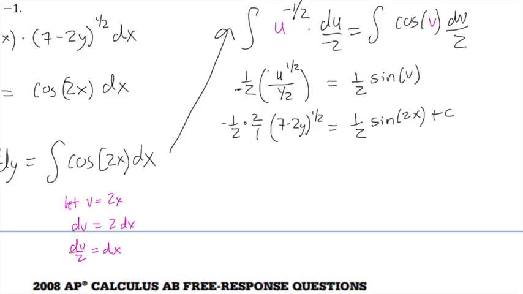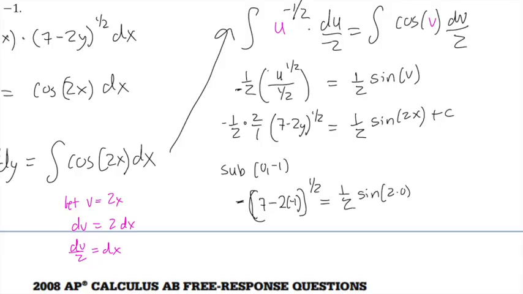Next, we need to solve for c. Now here we're going to cancel, so this is just going to be negative. 7 minus 2 times negative 1 to the 1/2 equals 1/2 sine of 2 times 0 plus c.